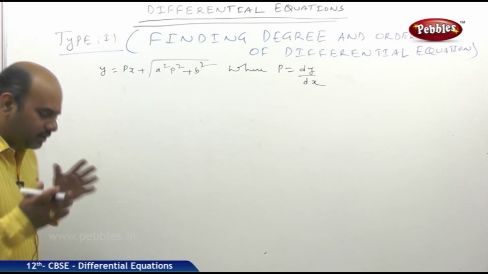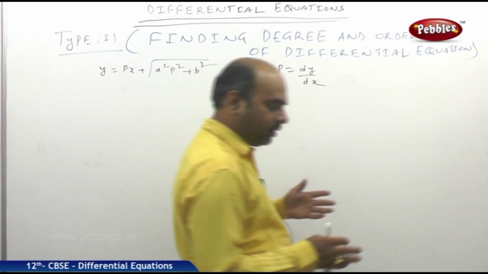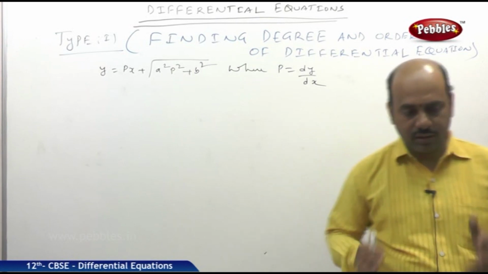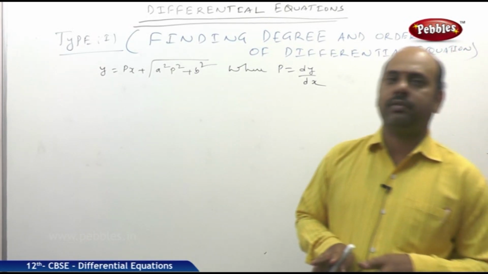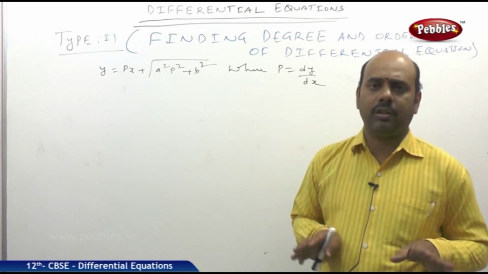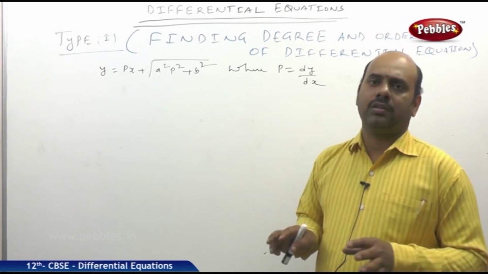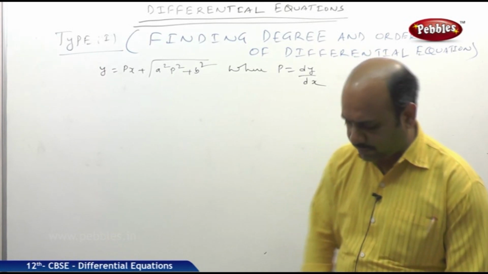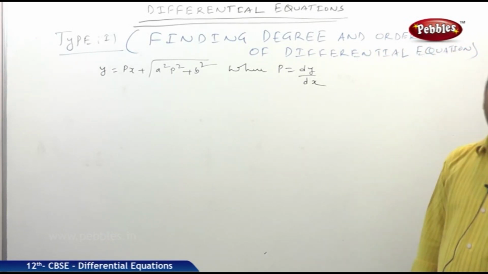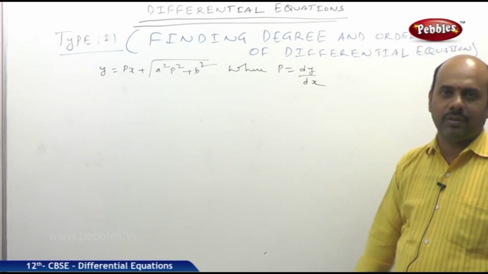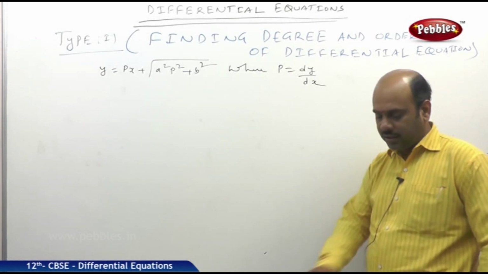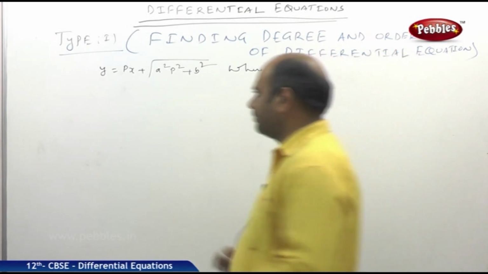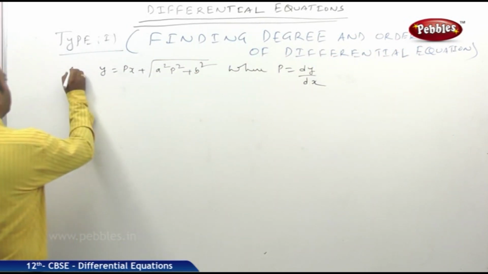So always remember, for finding the differential equation, we need to involve terms which are free from radicals. That means for forming a polynomial equation, all the terms should be free from radicals. There should be no terms involved as power 1 by 2, 1 by 3, 3 by 2, like that.